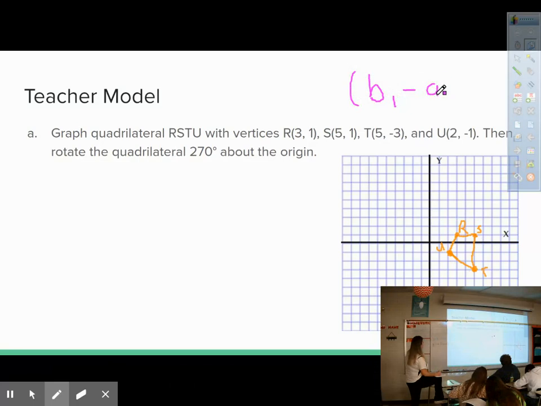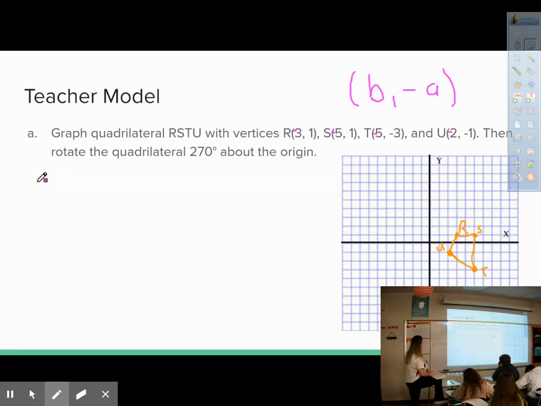And what that means is you change the sign of x and you flip them. So before I even flip them, I change the sign of every single x value. So 3 becomes a negative 3, 5 becomes a negative 5, this 5 becomes a negative 5, and this 2 becomes a negative 2. Now I go through and flip all of them.